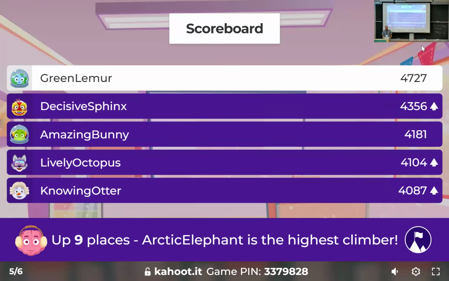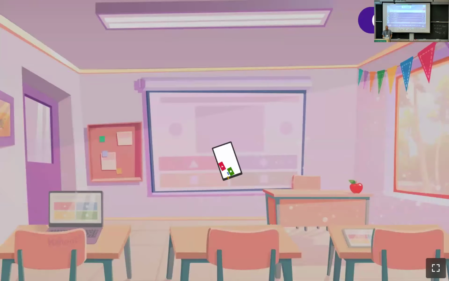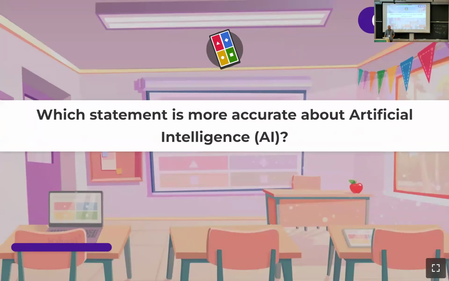Okay, and I guess this is the last question. Which statement is more accurate about AI?